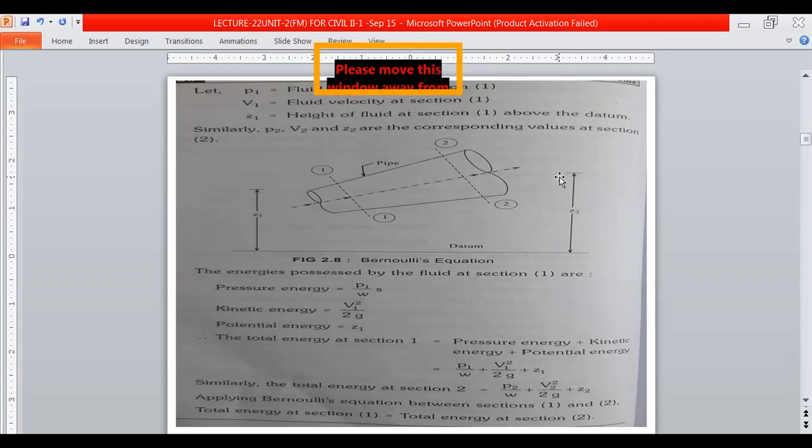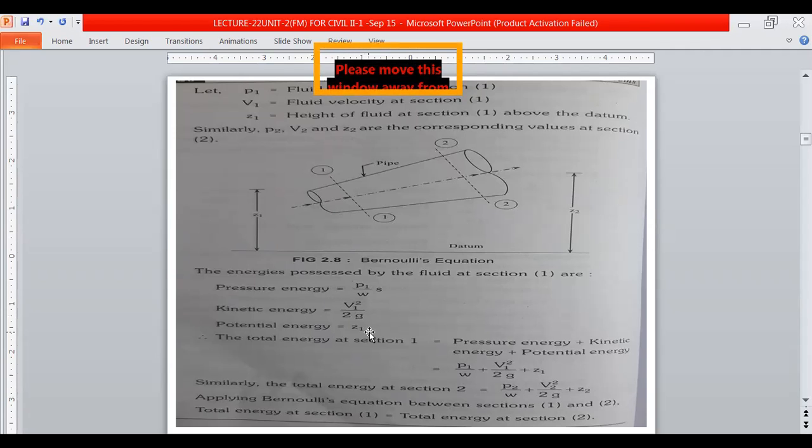Similarly, P2, V2, Z2 are the corresponding values at section 2. Now the energies possessed by the fluid at section 1. At section 1, the pressure energy is P1 by W. Kinetic energy is V1 square by 2G.